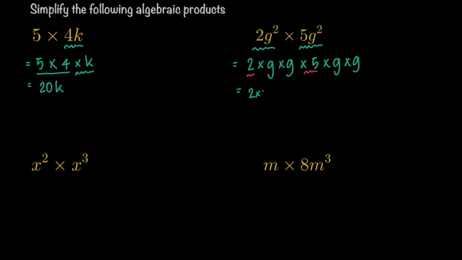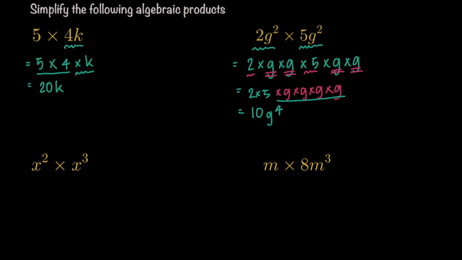So 2 times 5, and let's collect the variables, which are the g's, and there are 4 of them, and they're being timesed. So I'm going to write g times g times g times g, 4 times. Then calculate. 2 times 5 is equal to 10. And in index notation, g is being timesed 4 times, so it becomes g to the power of 4.